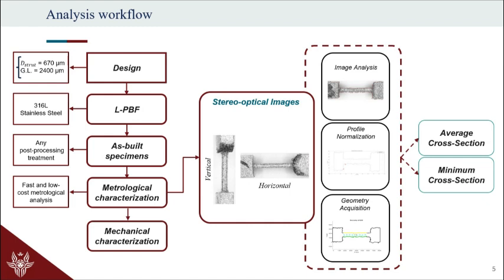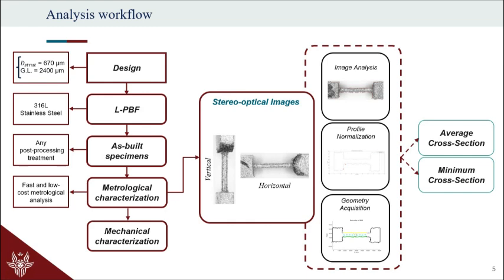So we took 2 images, one for each side of each specimen, in order to understand through image analysis what is the real dimension of our component. So we hypothesize the cross-section as elliptical, and we try to compute the cross-section both as average dimension and as minimum dimension.